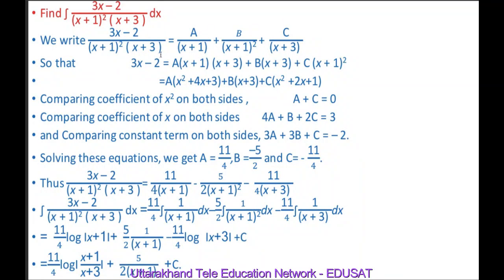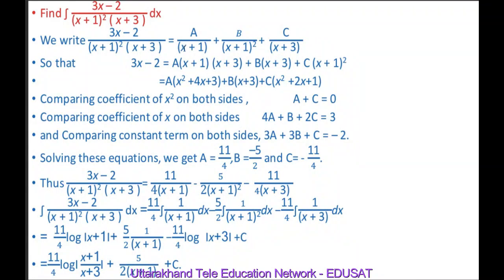So in this case, we will write a upon x plus 1 plus b upon x plus 1 whole square because it is repeating twice. Again, the third is c upon x plus 3. So now we know how to write the function of different forms into partial fractions.